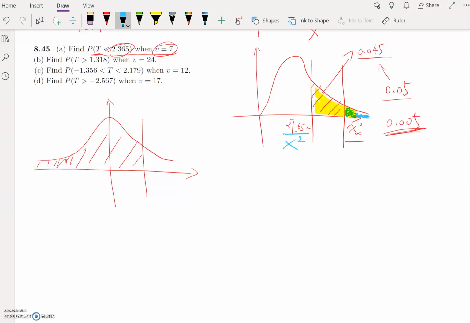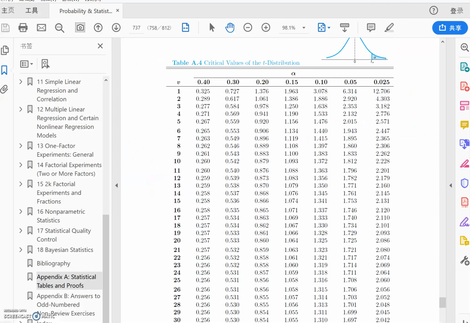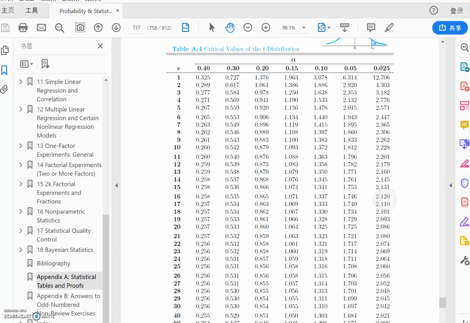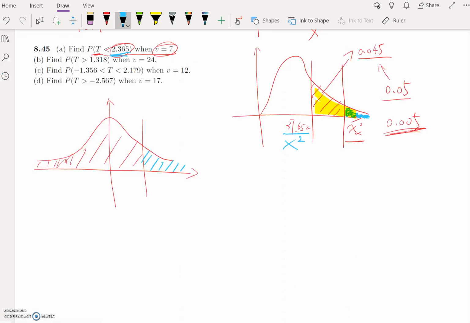From the table, we can get the green part if we have 2.365. So let's go back and find that. Here the alpha is the probability. V is 7, and we have 2.365. So the alpha value is 0.025.